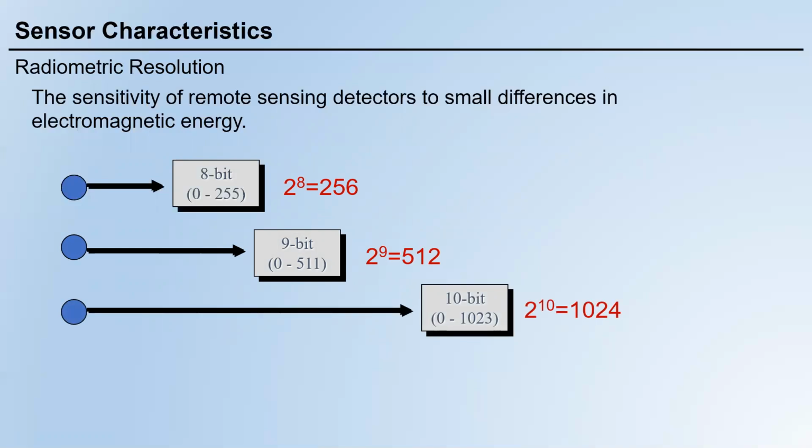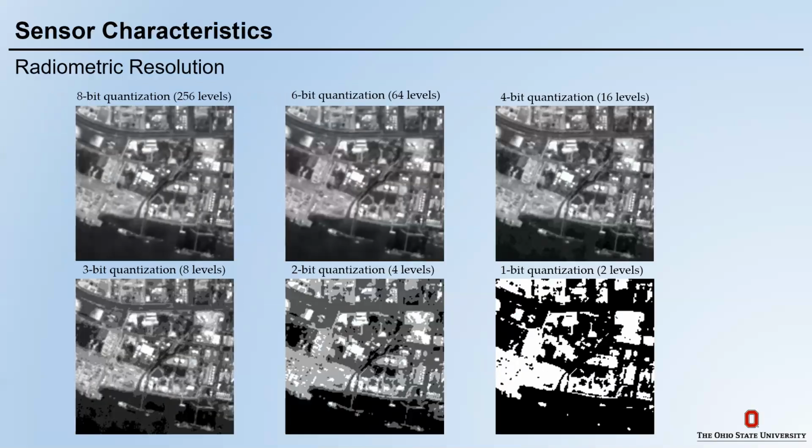I think this one is relatively straightforward to understand. So let's see some examples. If you are using 8-bit quantization, you have 256 grayscale levels. So in this image, we can say here we have a water body, because there are bridges and docks, I think.